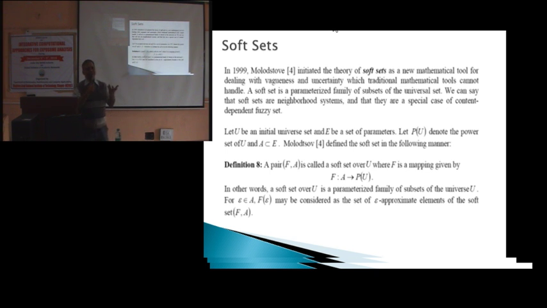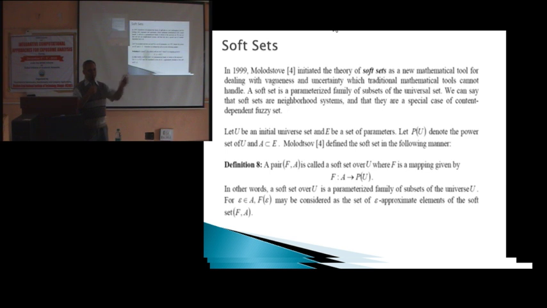Now, how do you define a good dress then? With the help of fuzzy set, can you define a good dress? No. With the help of vague set, we cannot define a good dress. With the help of neutrosophic set also, we are not able to define a good dress. A good dress will be defined by a set of parameters.